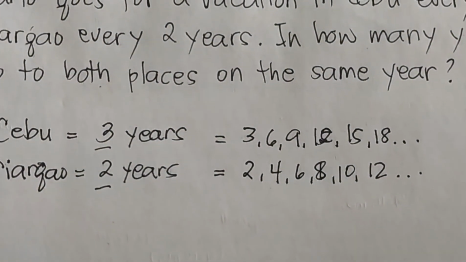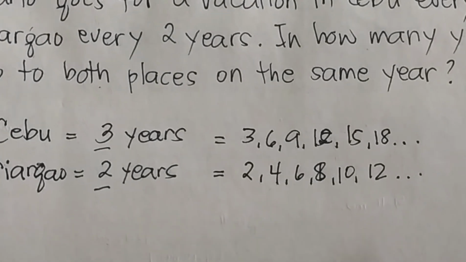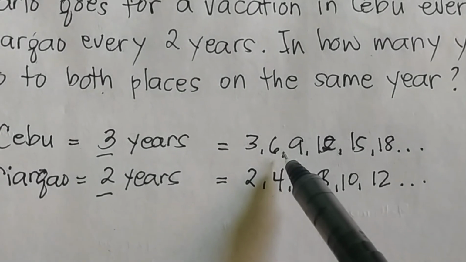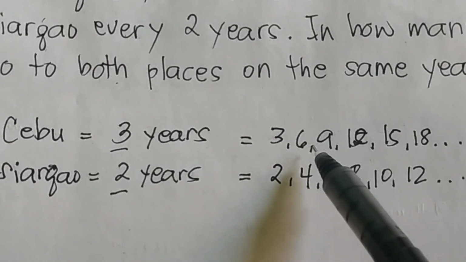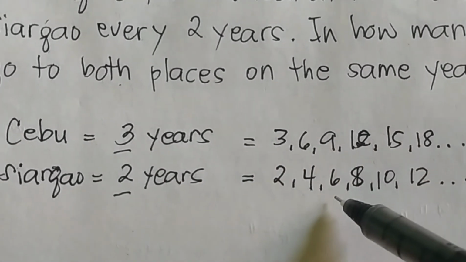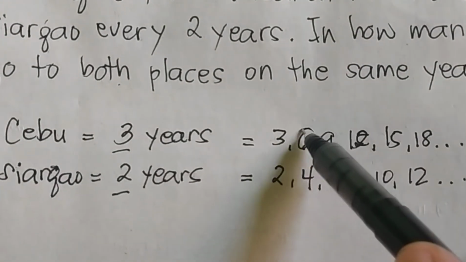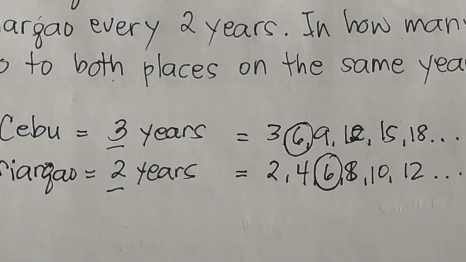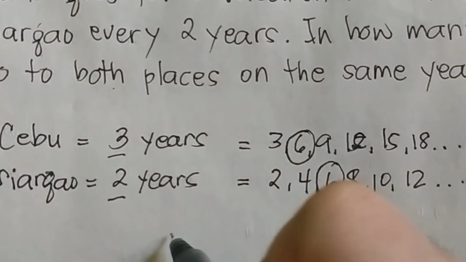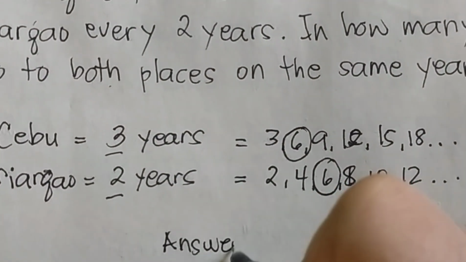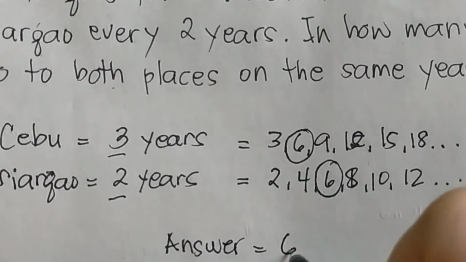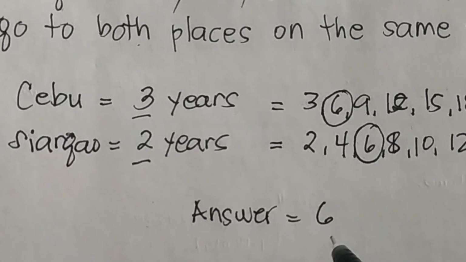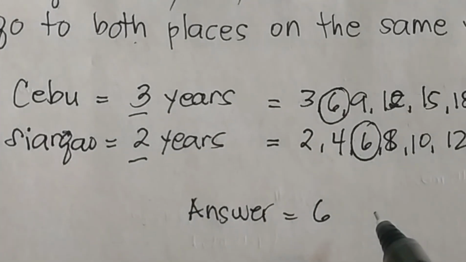What is the smallest number that they both have in their multiples? So, 3, 6. You can also see 6 in 2 years. So, this is the smallest number that they both have in their multiples. So, our answer is 6. So, on year 6, Carlo will go to both Cebu and Siargao.